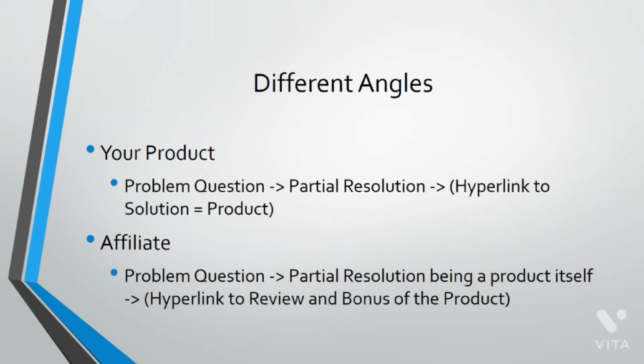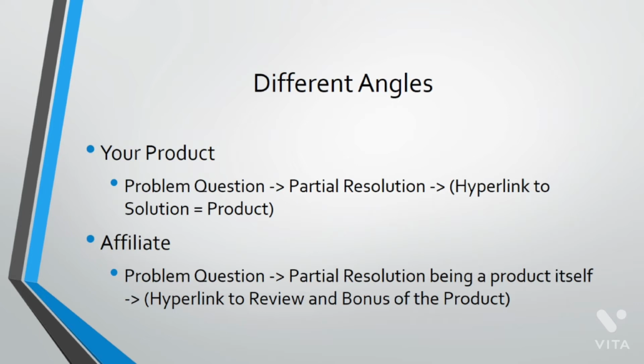Now, what I find with product and affiliate marketing is they both start out with problem questions. Some sort of question that engages the audience. And then, of course, like I said earlier, you can ask other questions along the way. And then, of course, we have problem question, partial resolution, and then you can ask questions and then provide content.